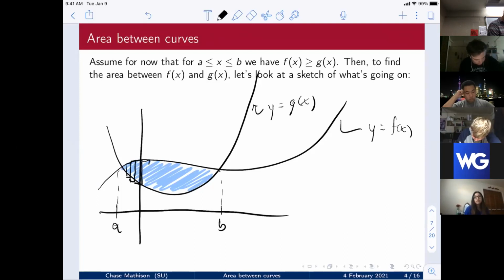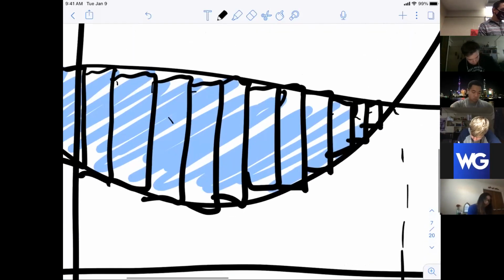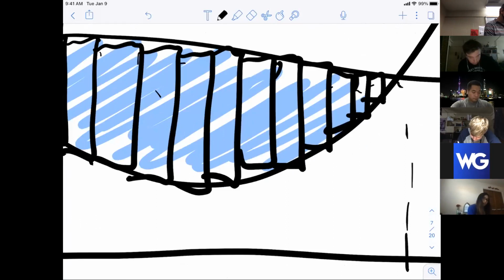Okay. But the process is exactly the same. I'm going to take all these rectangles to have the same width. So let me zoom in on this rectangle.